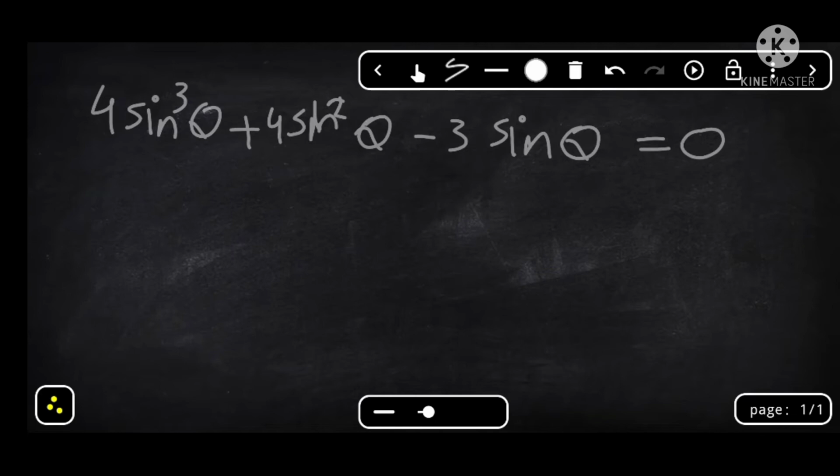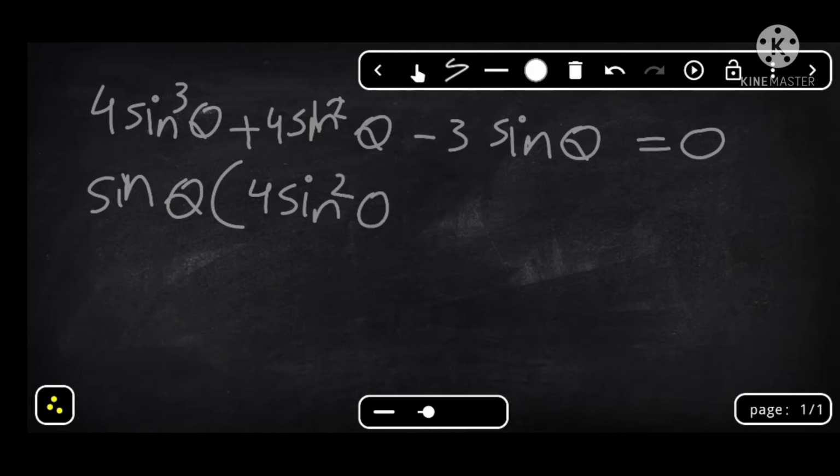Now if we take sine theta outside, we can get a polynomial, right? So that we can solve it with the quadratic equation. So it will be 4 sine square theta plus 4 sine theta minus 3 equal to 0.